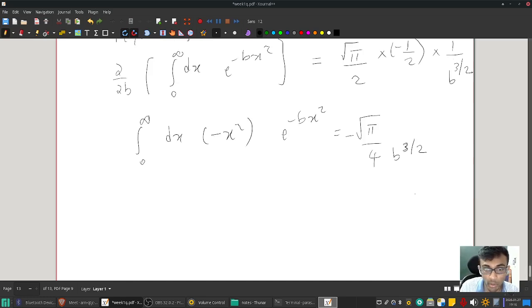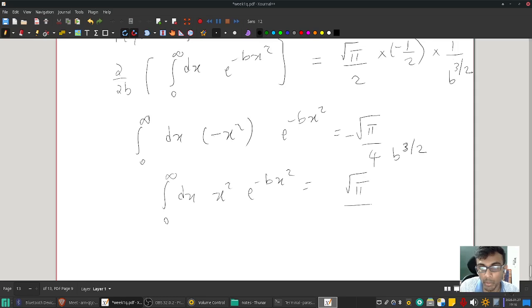So we have this now, and so finally, what we see is that this integral that we want nicely comes about. So finally, it is square root pi by 4b to the 3 by 2.